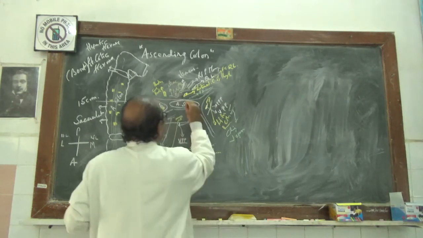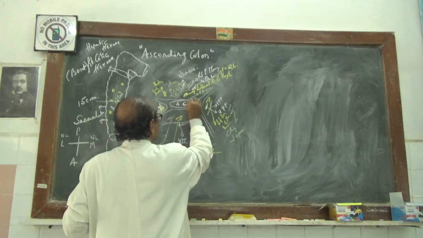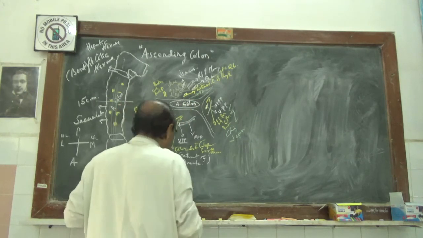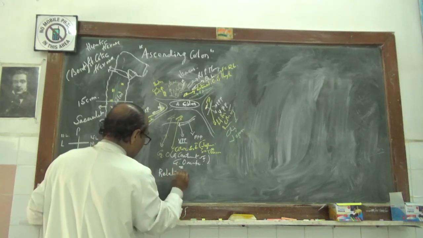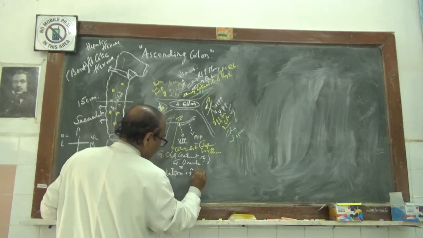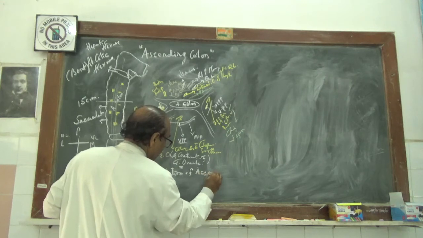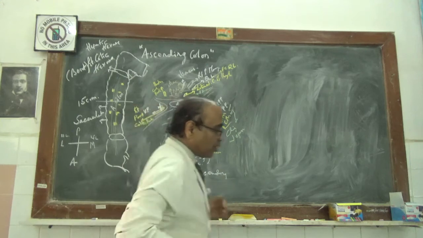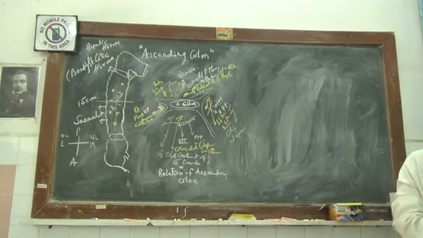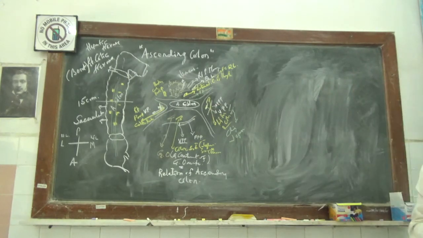So these are the ascending colon relations. This is how you have to represent the relations.